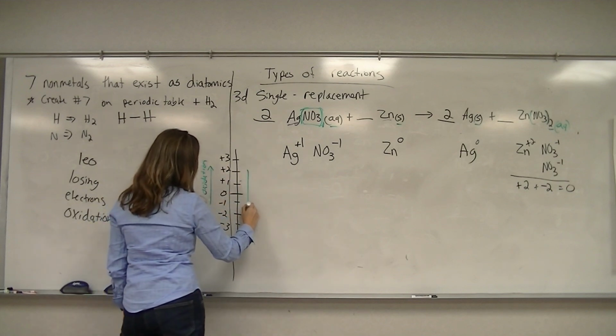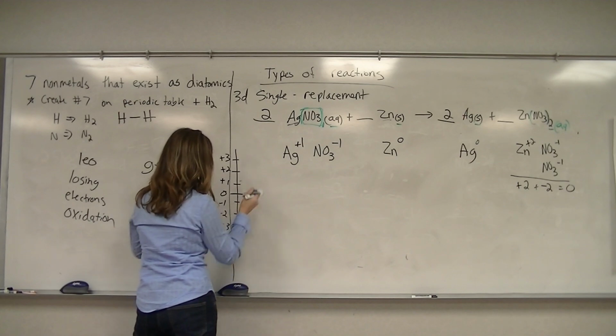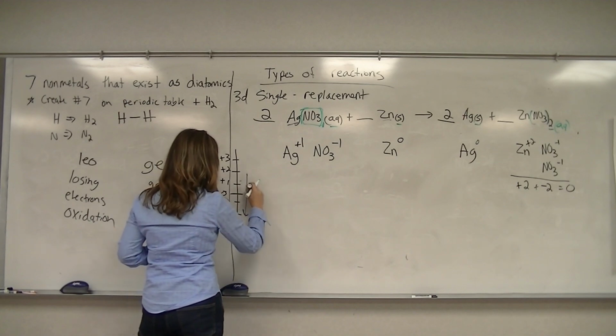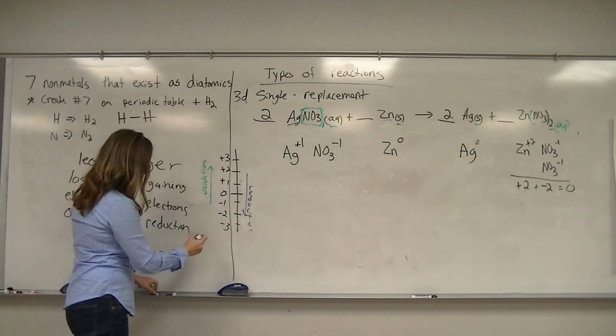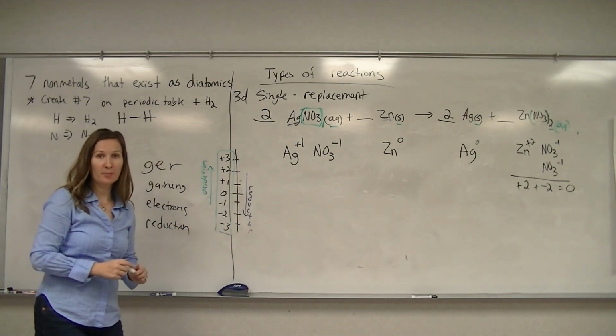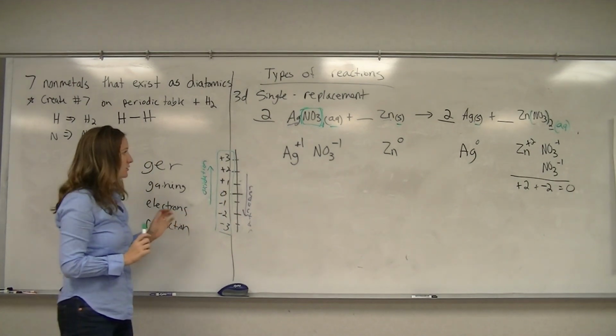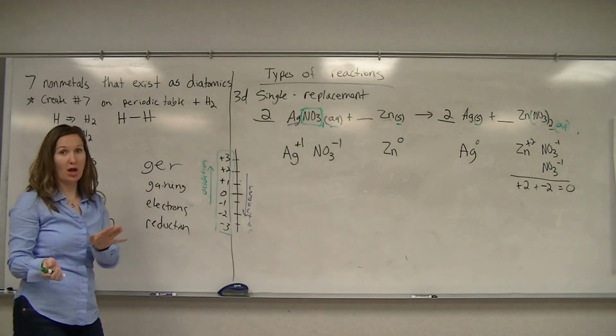You are going down the scale, this is reduction. So what this list is, these are our oxidation states, our numbers, our charges. And what you need to look at is what's happening from the reactant side to the product side.